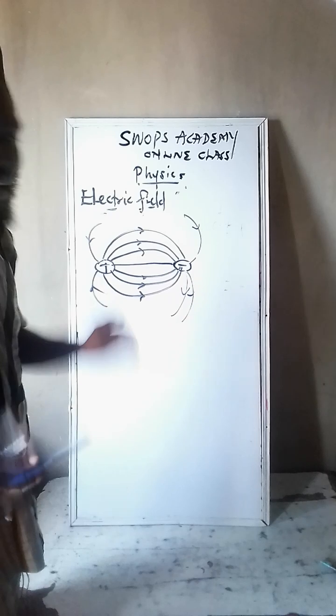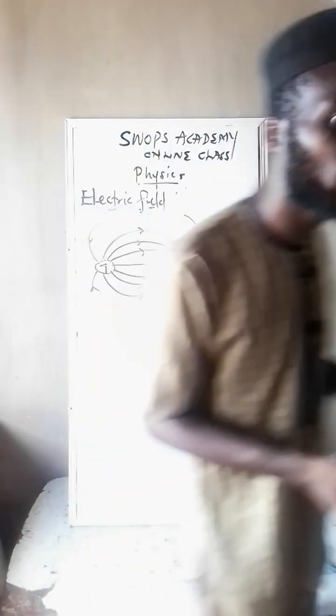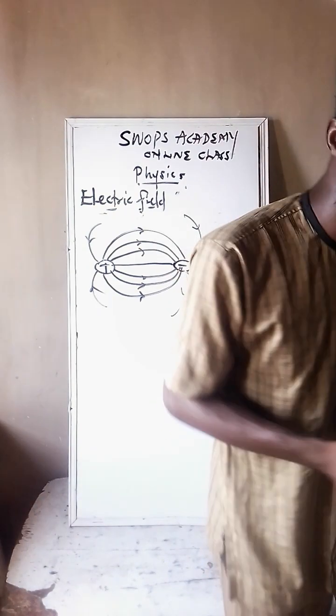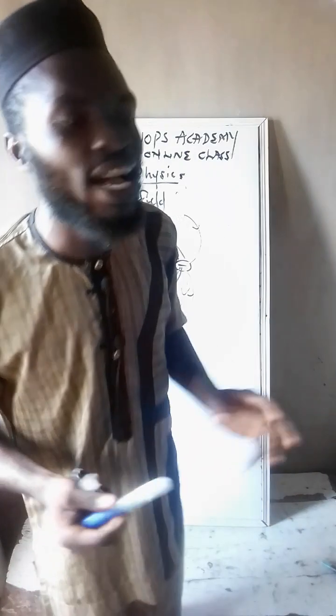An electric field intensity could be defined as the strength of an electric field. That is the first definition.